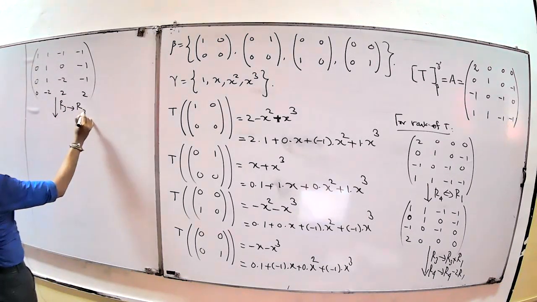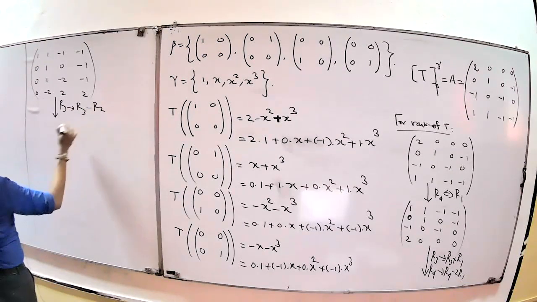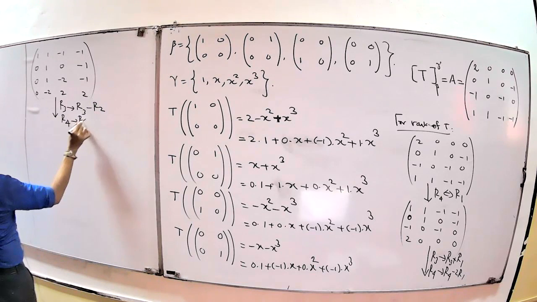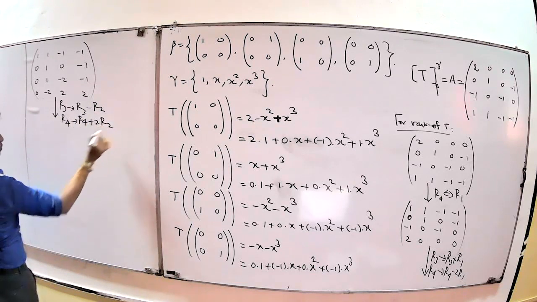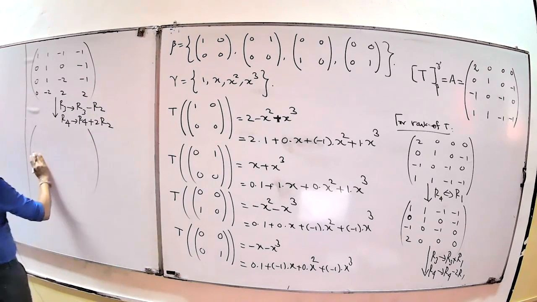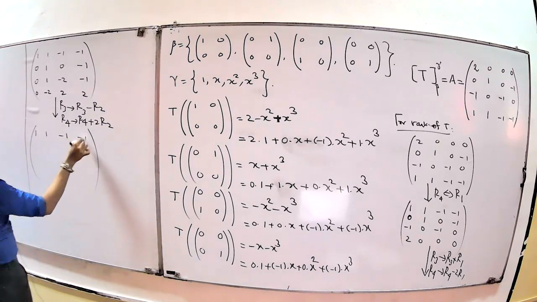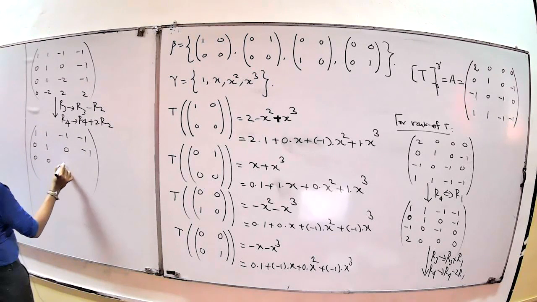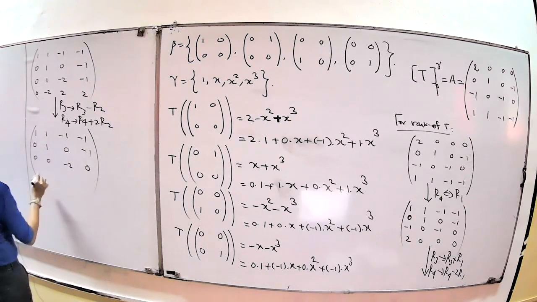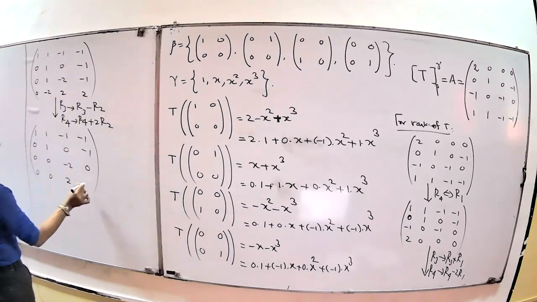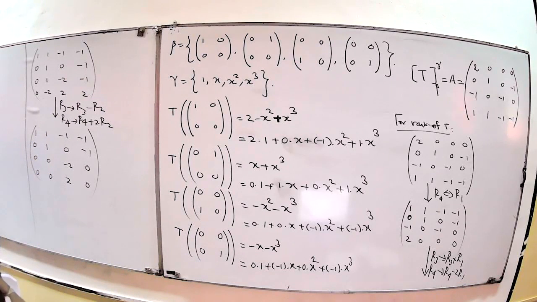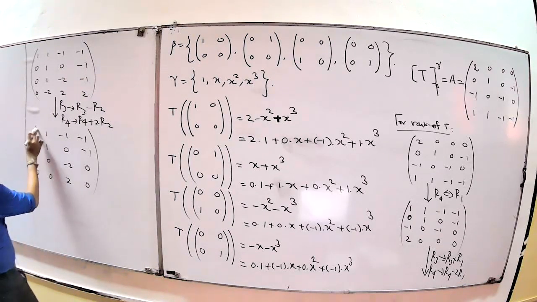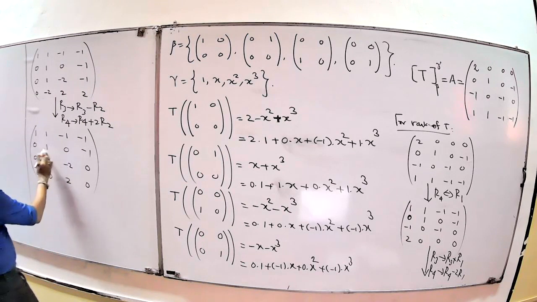R3 is replaced by R3 minus R2, and R4 is replaced by R4 plus 2 R2.